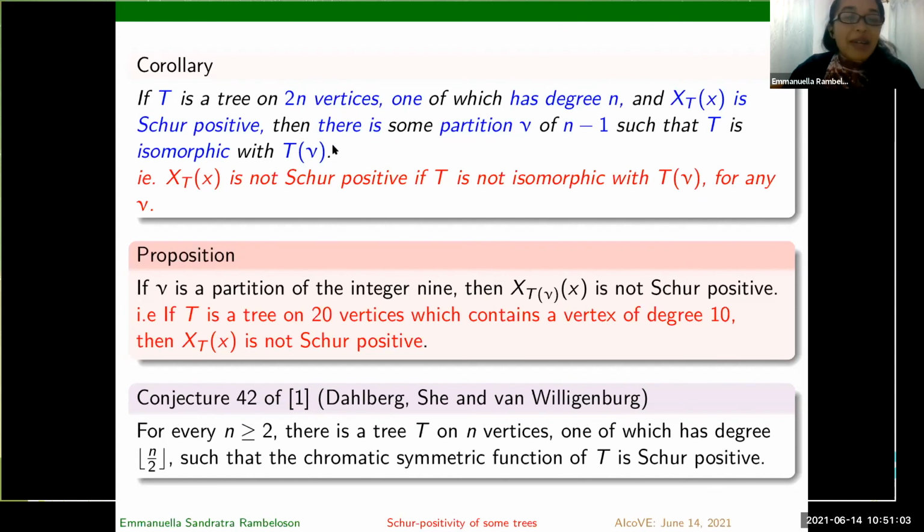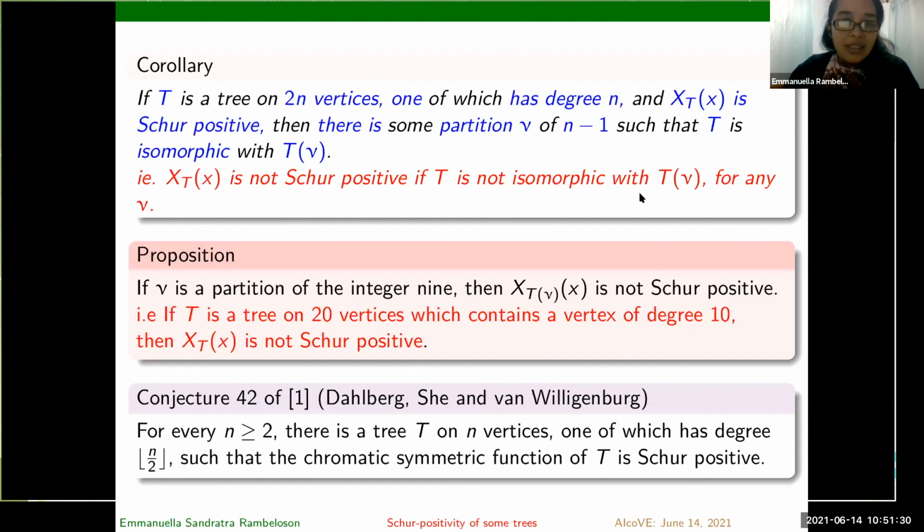This corollary also means that if we have a tree on 2n vertices that contains a vertex of degree n, then the chromatic symmetric function of T is not Schur-positive if T is not isomorphic with one of the trees arising from the partitions of n minus 1.